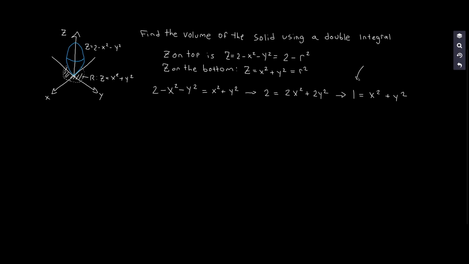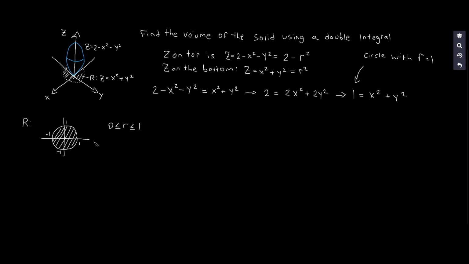Now that's a circle with a radius of 1. If that's a circle with a radius of 1, then in polar coordinates, it's going to look like this. So it's a radius of 1, and we know that r deals with the radius, so that means r is going to be in between 0 and 1.